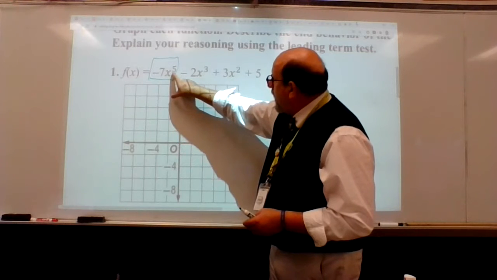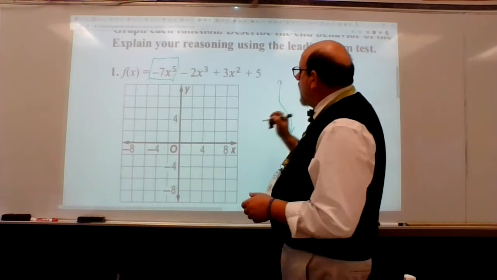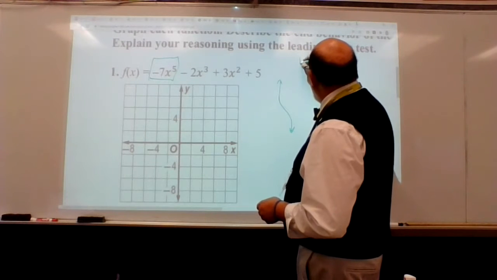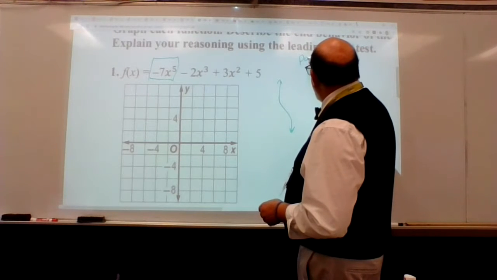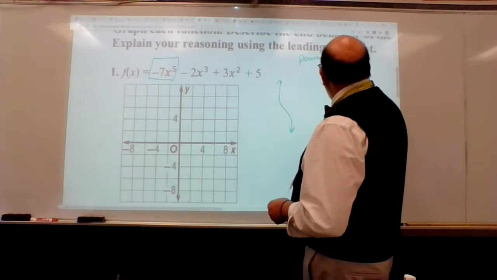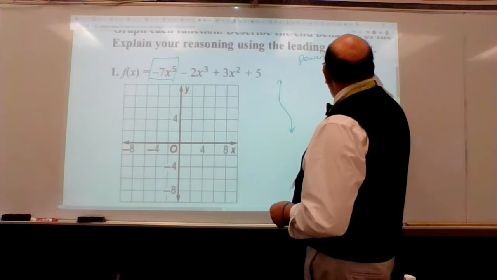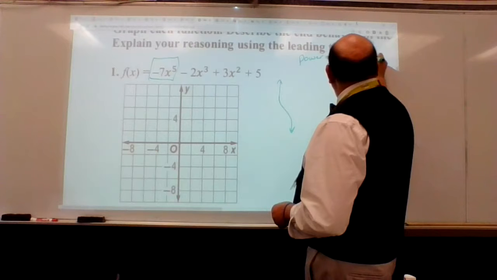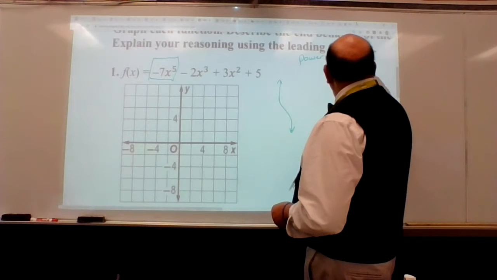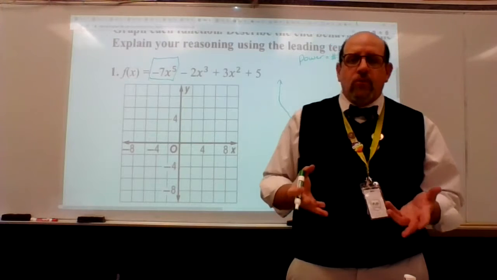Now we have to look at this exponent, at this power right here. All right, so if the power, we said, is odd, we're going to create this. But the power is equal to the number of possible zeros. What are zeros, right? Well, they're also called roots.